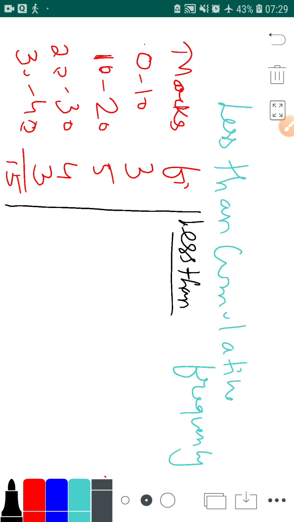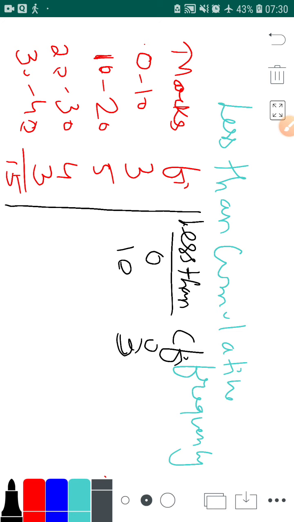If I say less than 0 marks, is there any student who is having less than 0 marks? This is the column of cf. So no students having less than 0 marks. If I say less than 10 marks, then how many students are having less than 10 marks? So 3 students are having less than 10 marks.